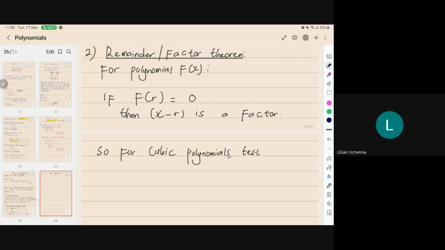Test likely values first. Take the values first. And once you find one root, you can now divide.